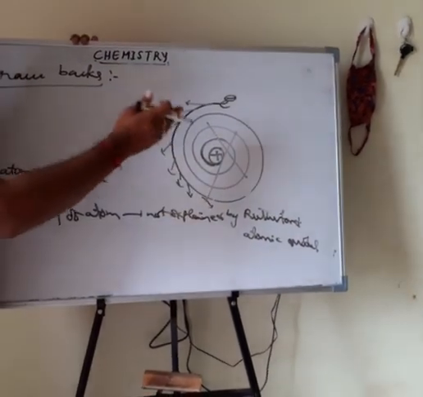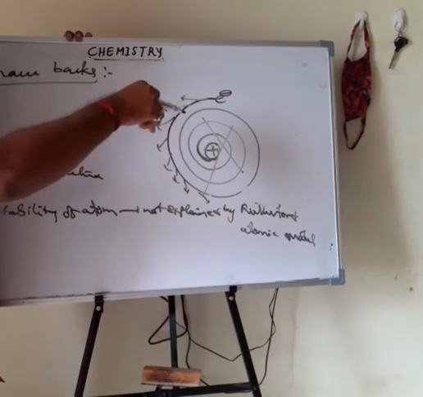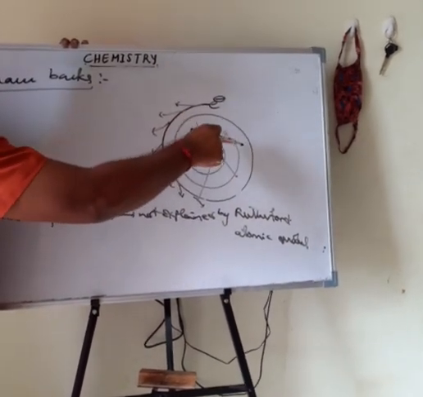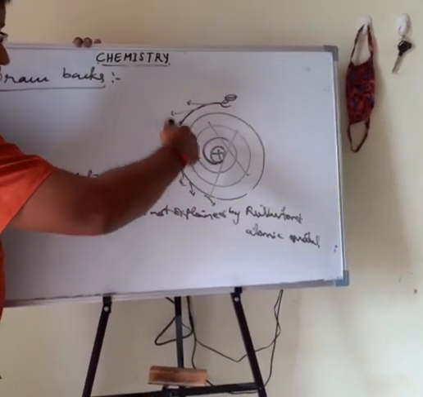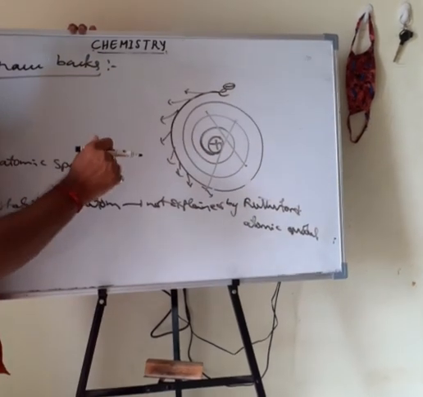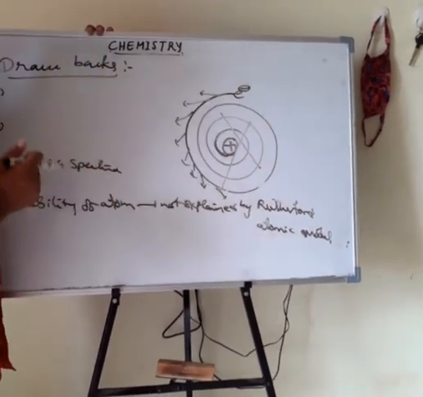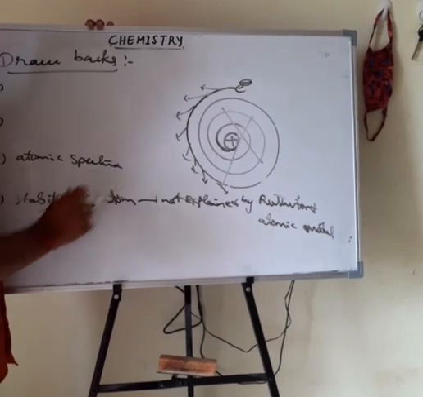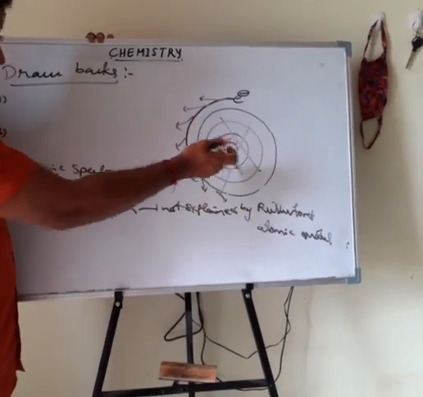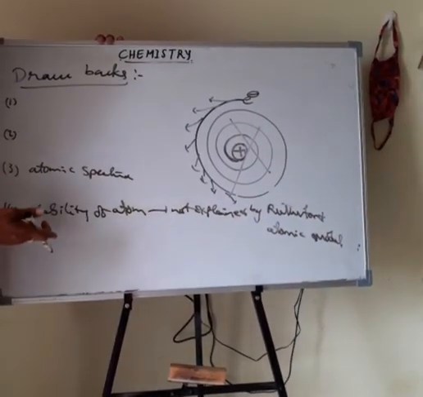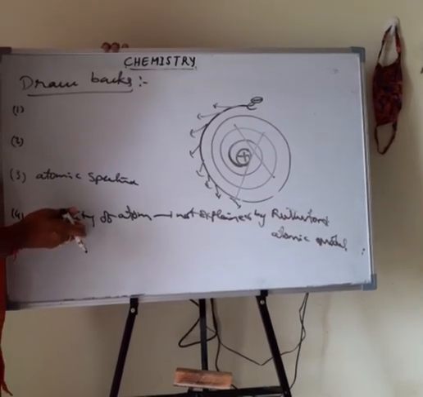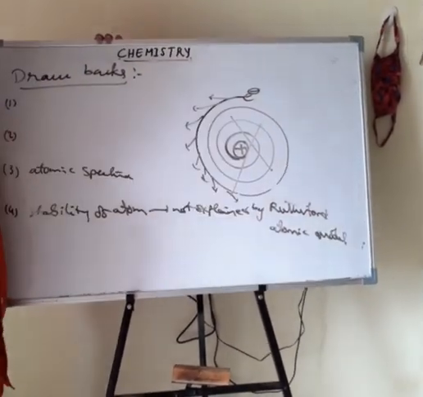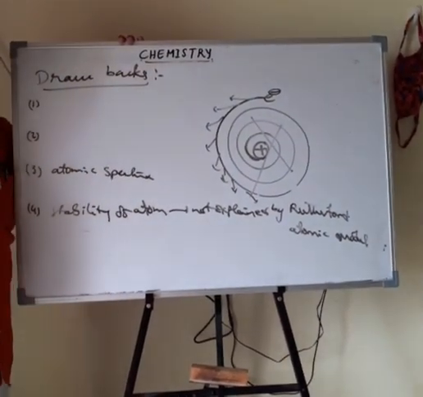The electron continuously revolves around the nucleus in a particular circular path, and the atom is stable. According to classical theory the atom collapses, but according to Rutherford's theory the atom is stable. Why the atom gets this stability is not explained by the Rutherford atomic model. So that is about the Rutherford atomic model.